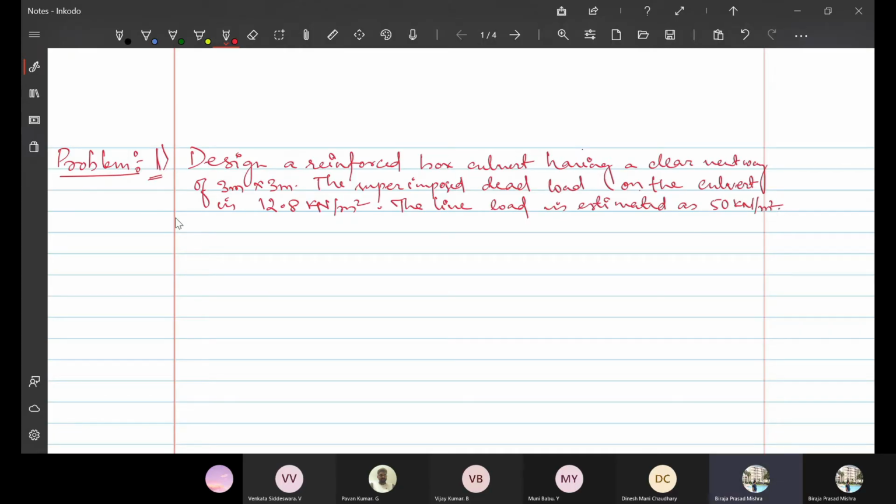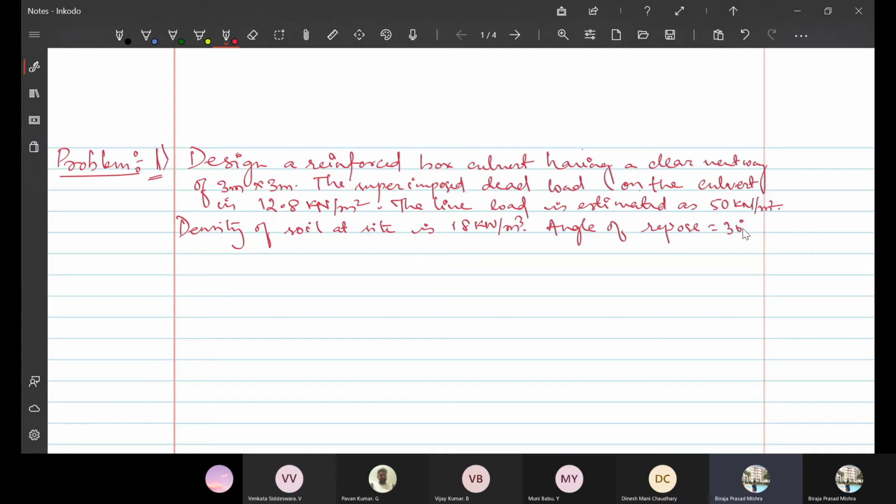Next, the density of soil. Density of soil at site is 18 kilonewton per meter cube. Also, the angle of repose is given. So, angle of repose equals 30 degrees.